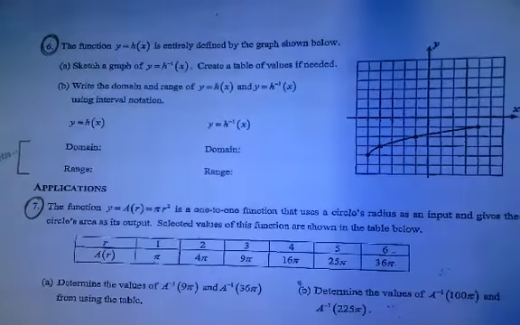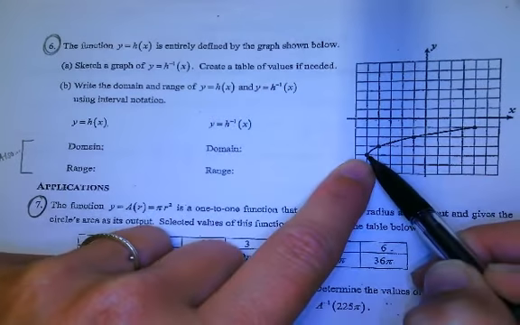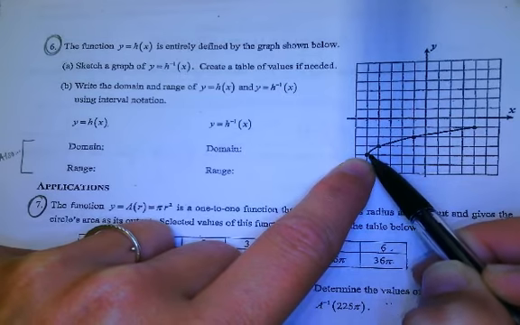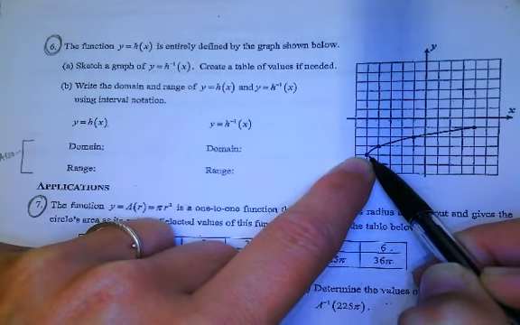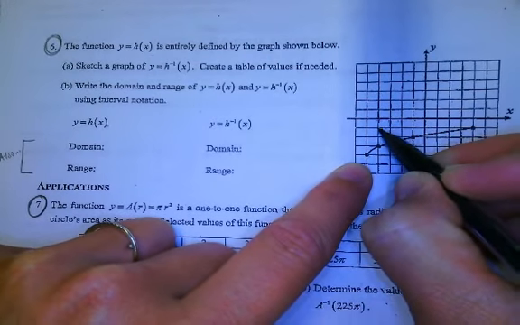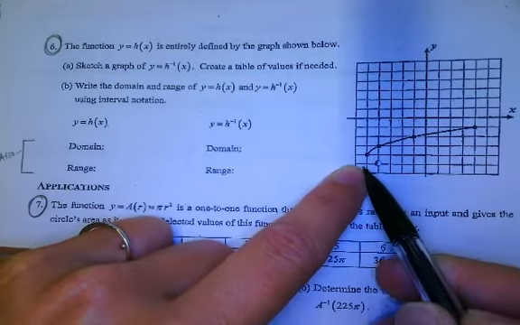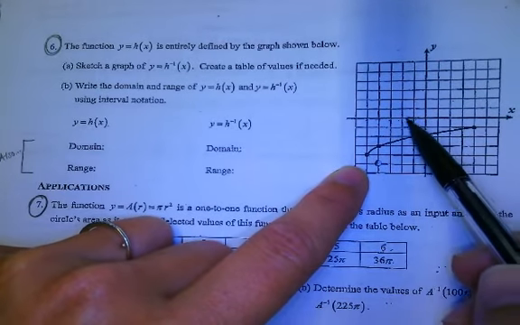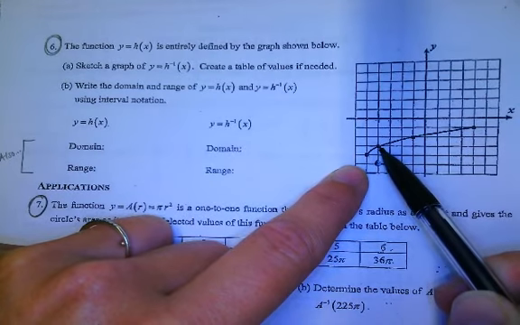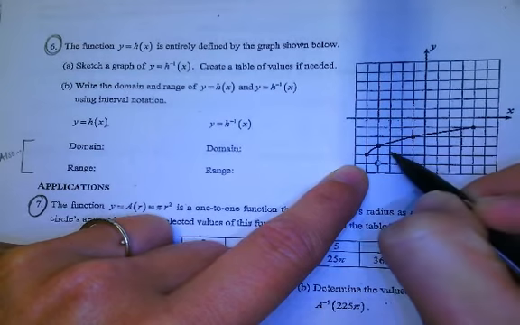In order to sketch a graph, you take any point you can and you flip-flop its coordinates. So, for instance, this coordinate is (-5, -4), which is going to change to (-4, -5). This next point, (-3, -4), is going to change to (-4, -3).